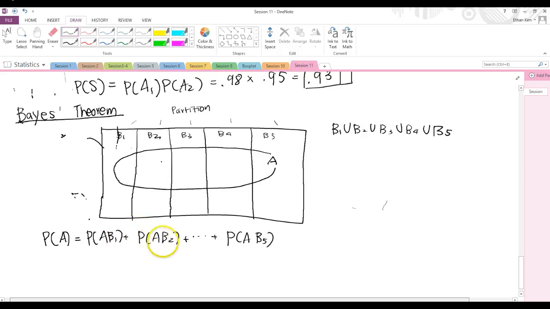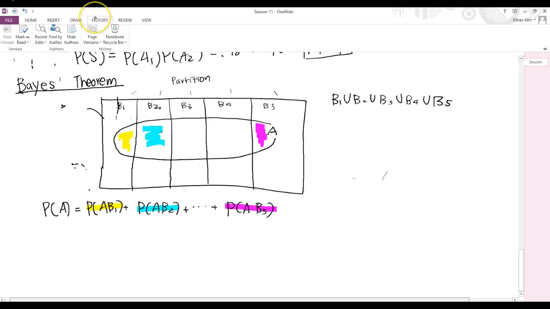Graphically this makes sense because we're just partitioning them and adding all the possible partitions. So this is exactly the rule that we're going to use.